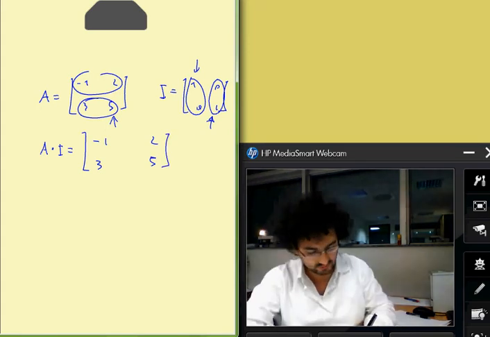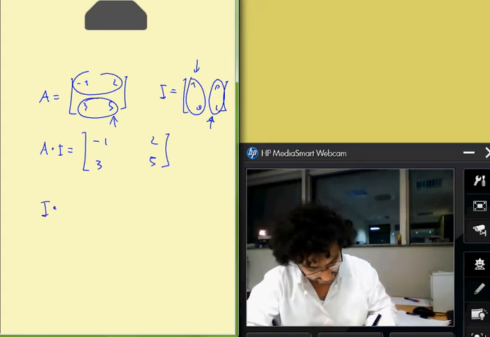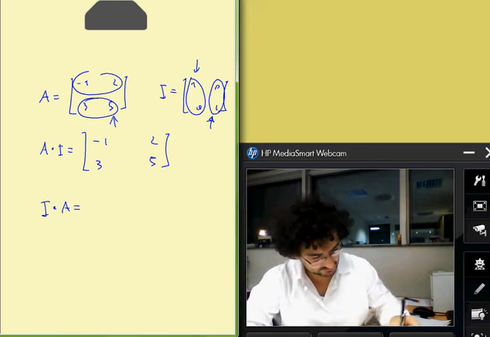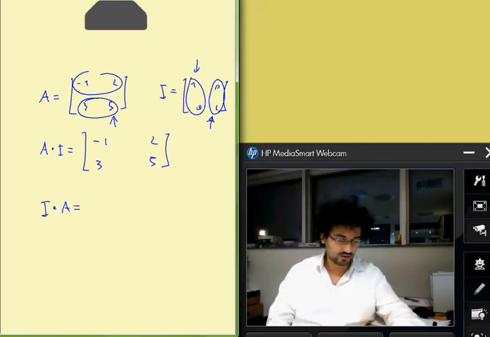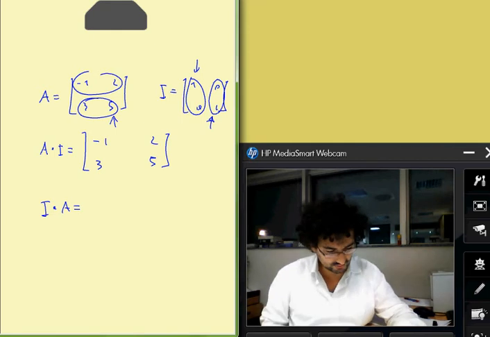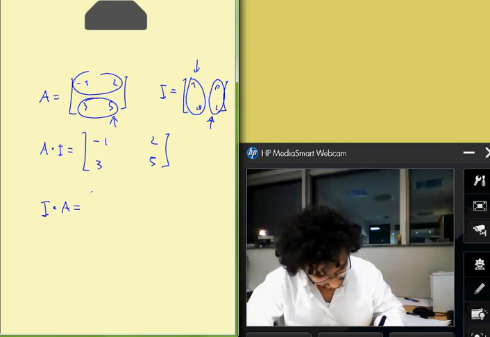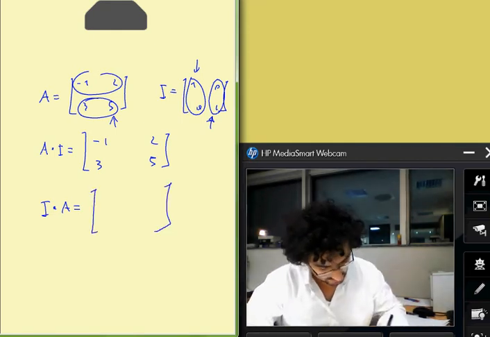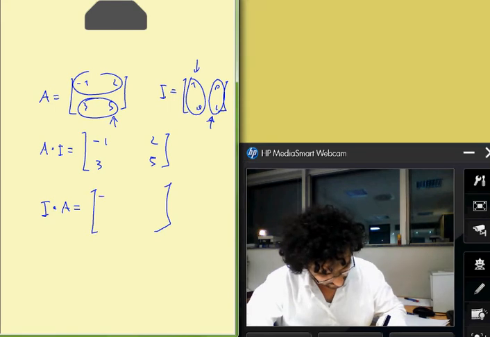In this case you can also compute I times matrix A, because the number of columns of I is 2, and it's equal to the number of rows of A, which is equal to 2, and you can check by yourself, you get minus 1, 2, 3, 5.